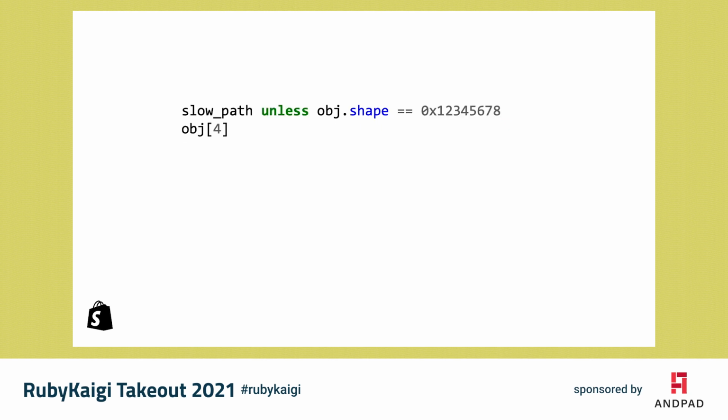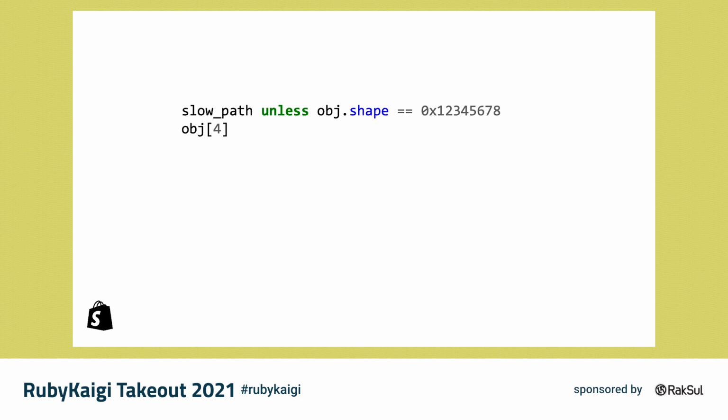Now, this all comes together for the best effect when you combine it with compilation to machine code, so a just-in-time or ahead-of-time compiler. Machine code can include hard-coded values, and that's part of the magic of it. So we can hard code the address of the object shape to compare against, and we can hard code the index used based on that.